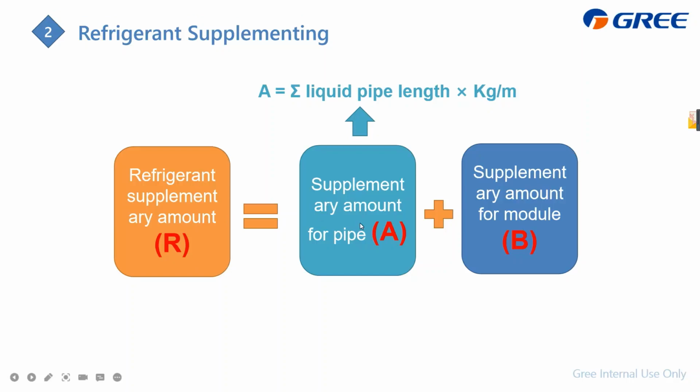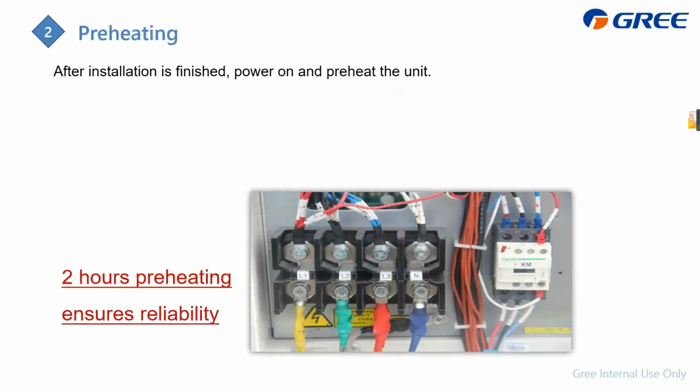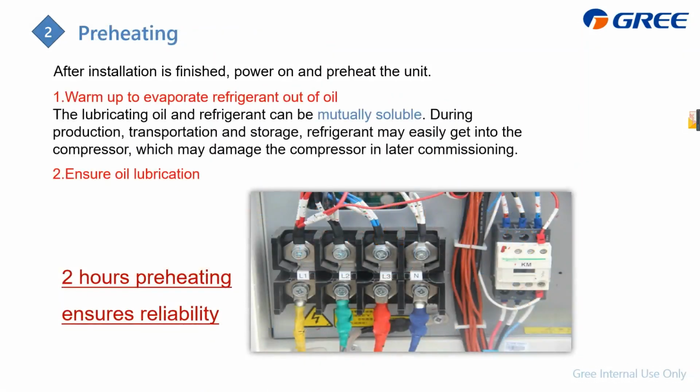Totally we should calculate this for the top discharge GMV, and it includes the supplementary amount for the pipe, and also the supplementary amount for the module. So it includes 2 parts, but actually no need to do the calculation by yourself. Just the selection software can tell you how much refrigerant you need to charge.